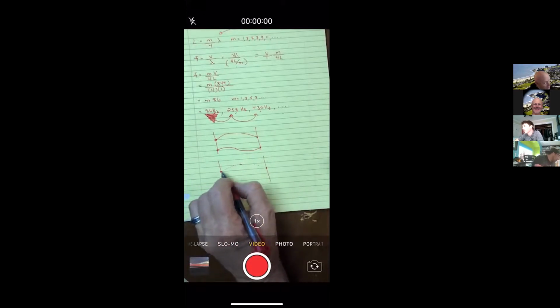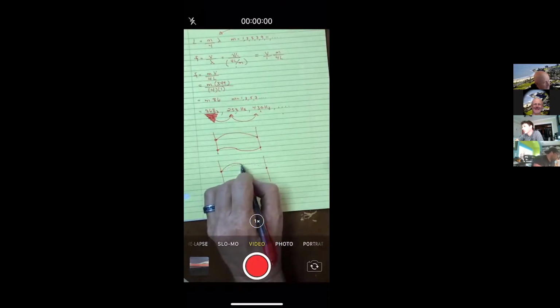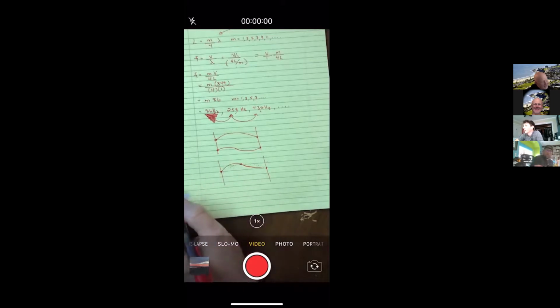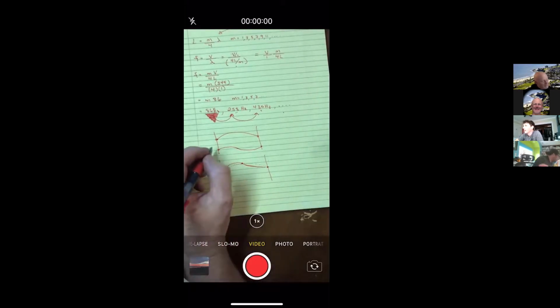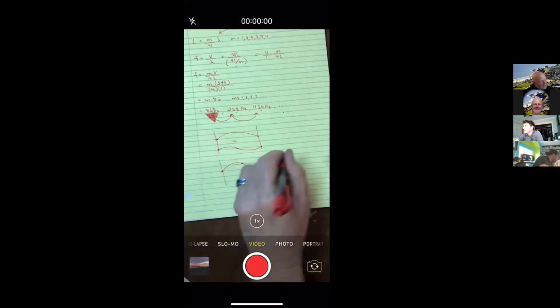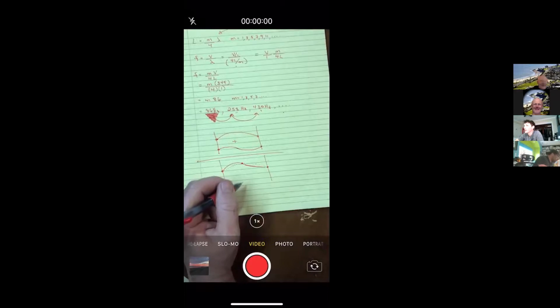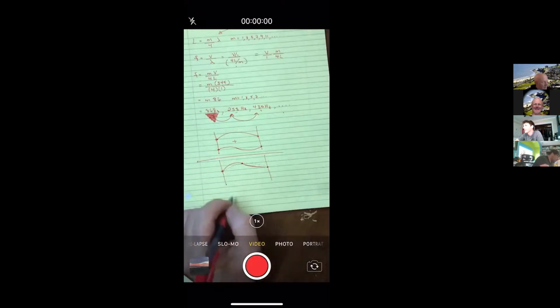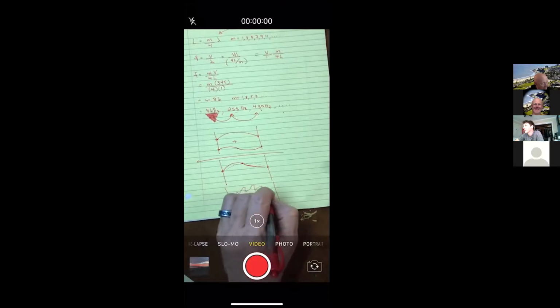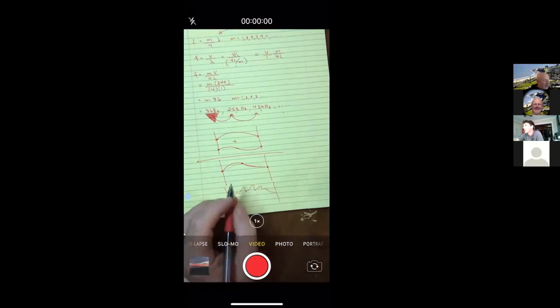It would be the first harmonic with the second on top of that, and then underneath it like that. So if I add these two together, it equals that. You add them all together, and that's what the string actually looks like? Right. If you actually took a photograph of this string, it probably would look wavy like that. So it's doing all of these at the same time.